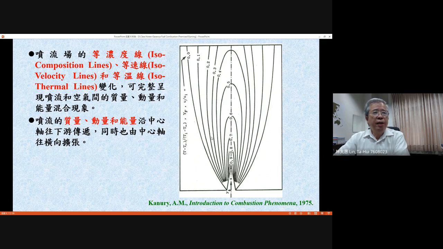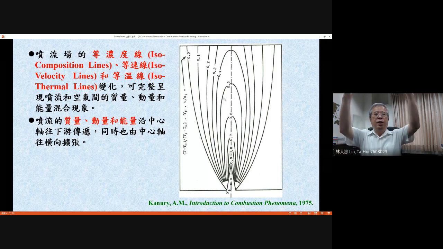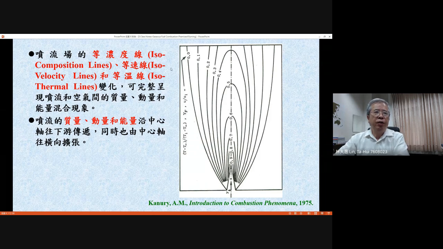In a similar way, you can see the temperature profile, isothermal, where 0.9 means the temperature is relatively high, then it continues to reduce from 0.9 down to 0.1, because all the hot flow moves to the downstream side. And the mass fraction continuously diffuses out.